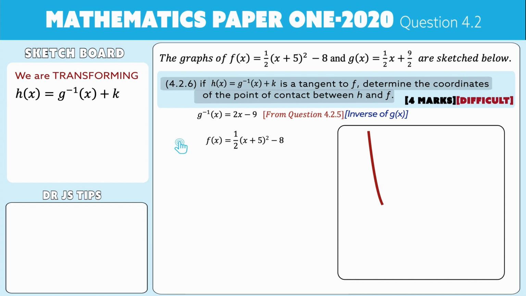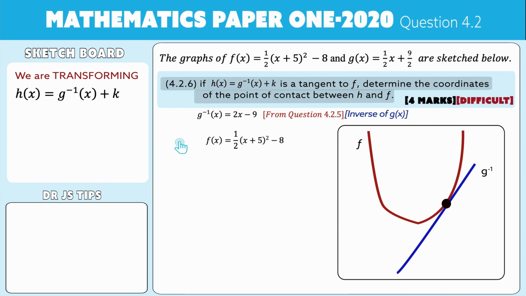Now that was a parabola. The inverse of this parabola is something with a gradient of 2 and that cuts the y-axis at minus 9. So I'm just putting that line in anyway. We are after the coordinates of that point where they cross each other.